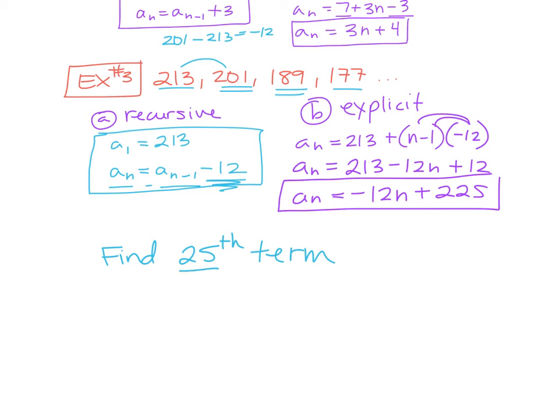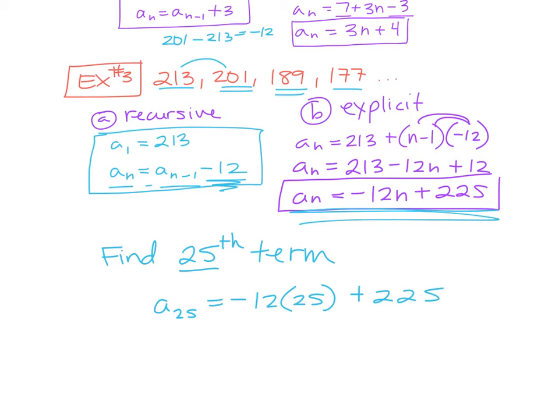So if we want the 25th term, we're going to take this and say a of 25 equals negative 12 times 25 plus 225. So your 25th term comes out to negative 75. Okay, you could do recursive, but man, that is a big waste of your time when you know an explicit formula, right? But you can, it's not wrong. I just wouldn't. Questions on that?